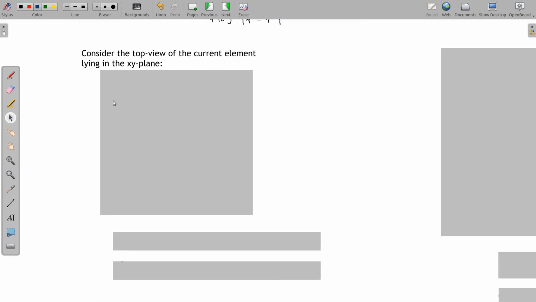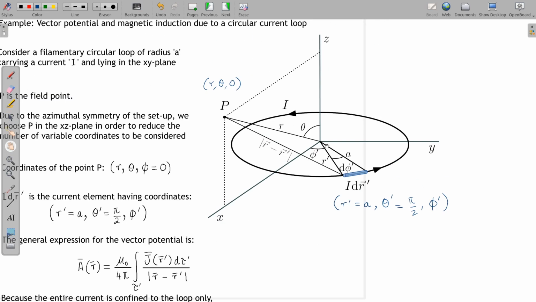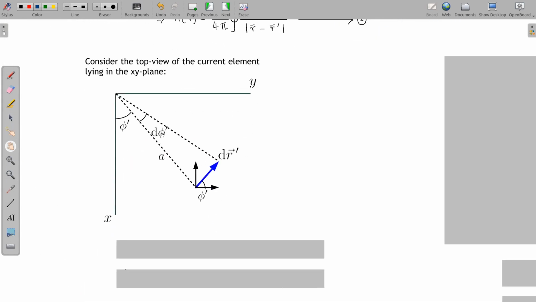So we will have a current loop which will be like a circle. So we are just considering the current element, which is dr prime, that is the length element. And as we saw over here in this diagram, this dr prime subtends an angle d phi prime at the origin. So dr prime subtends an angle d phi prime, and phi prime is the azimuthal angle.